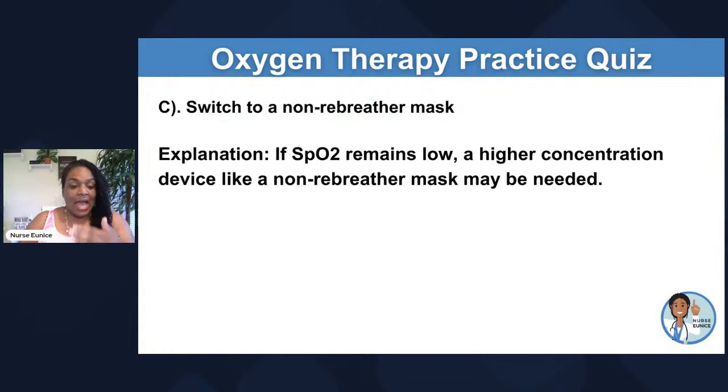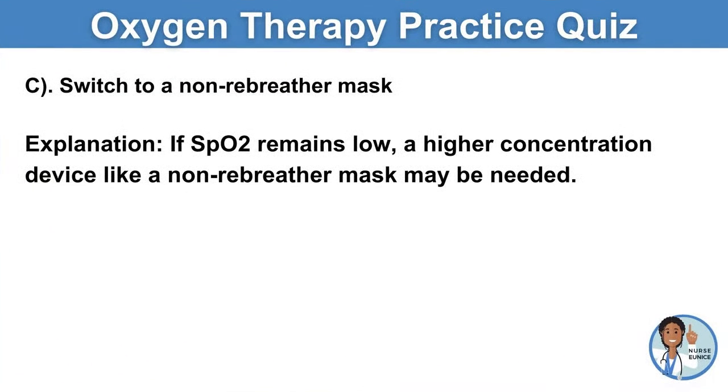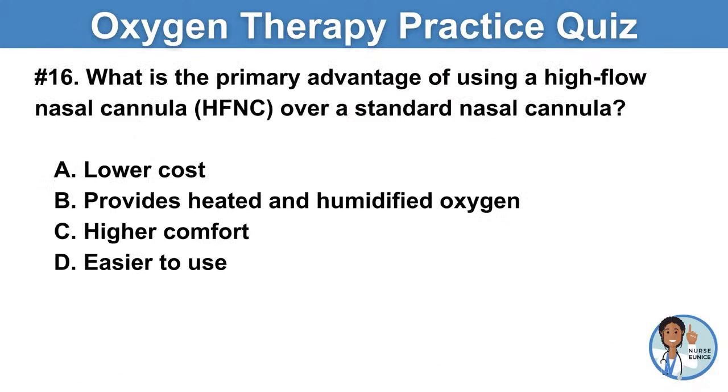However, at least you kind of know what's happening when you're in the field, when the nurse is telling you, hey, go get this mask, or hey, sit this patient up. You're understanding why we have to titrate, go up and go down with these different devices based on how our patients are presenting. Number 16, what is the primary advantage of using a high flow nasal cannula over a standard nasal cannula?